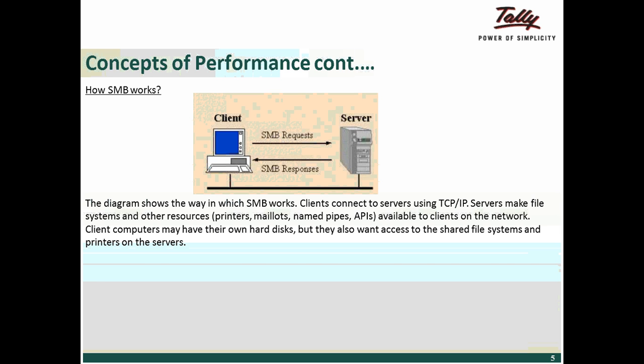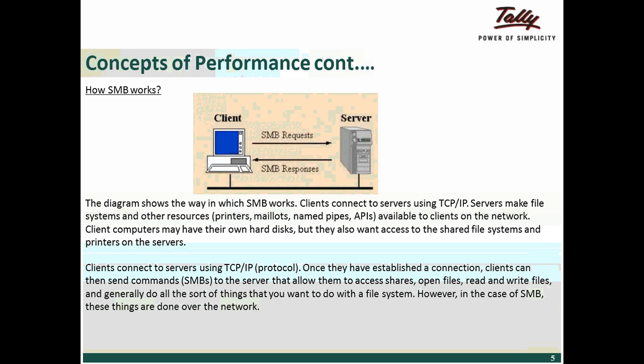Similarly, the client connects to the server using the TCP/IP protocol. Once the connection is established, the write-read activity happens. In assembly, these things are done over the network. So if you have two standalone machines, this assembly concept will not exist. Any doubts? Can we continue?